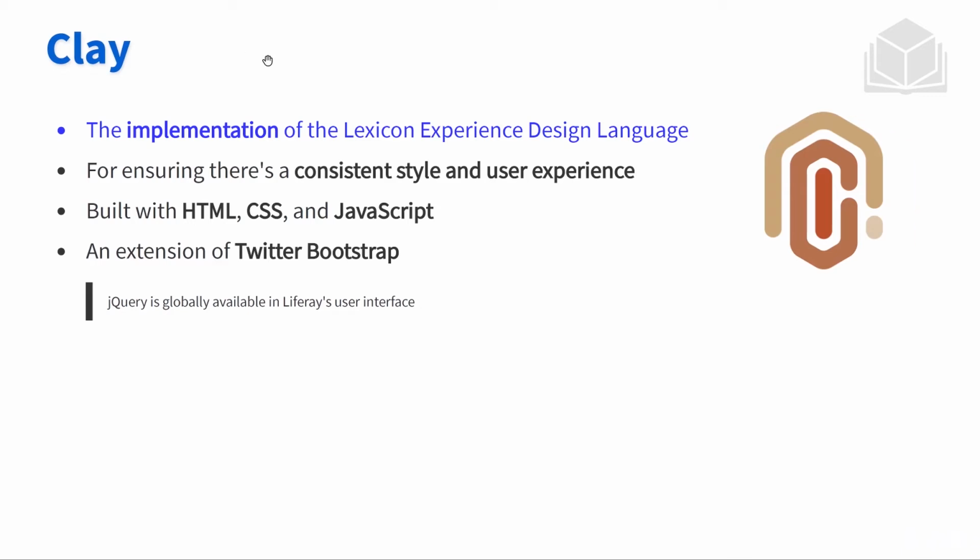Clay is what we'll use to actually implement the Liferay Lexicon experience design language. So you'll be developing in Clay. We use Clay to ensure there's a consistent style and user experience, and it's built with HTML, CSS, and JavaScript. Clay is actually an extension of the Twitter Bootstrap library, so if you're familiar with that, you can use a lot of the documentation provided there.